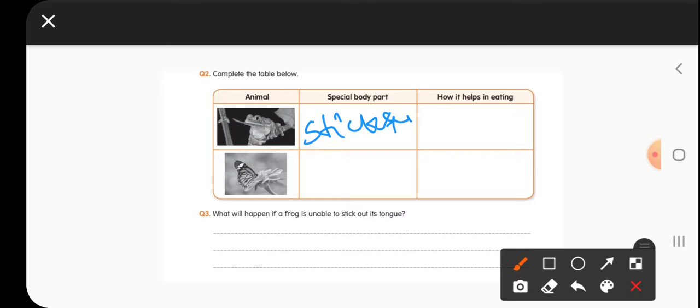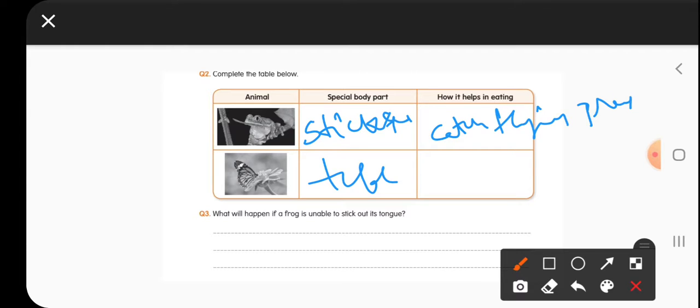Yes, they have a long feeding tube. Now how it helps in eating: it helps to catch the flying prey and roll it back. It helps to suck up the fluids from the nectar.